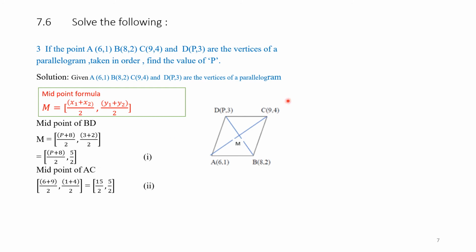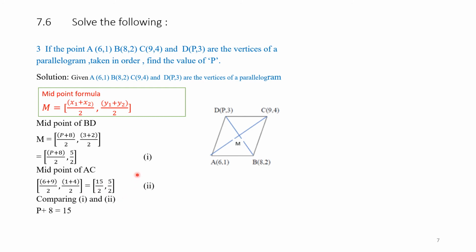Now we have to find the midpoint of the line AC. Here we have x1 and y1, x2, y2. Therefore it will be 6 plus 9 by 2, and y1 plus y2, y1 is 1, plus 4 divided by 2. This is substituted here and simplified. 6 plus 9 is 15, 15 by 2 comma 5 by 2.